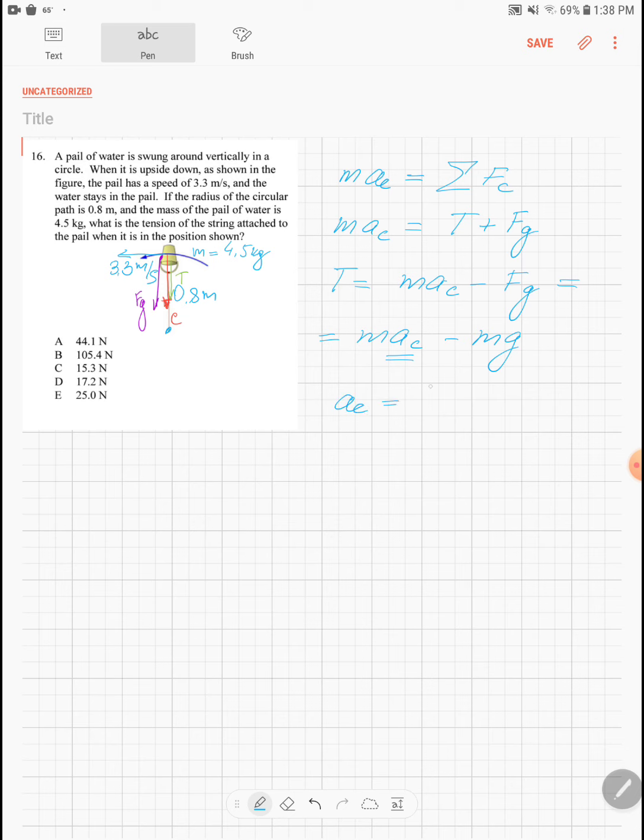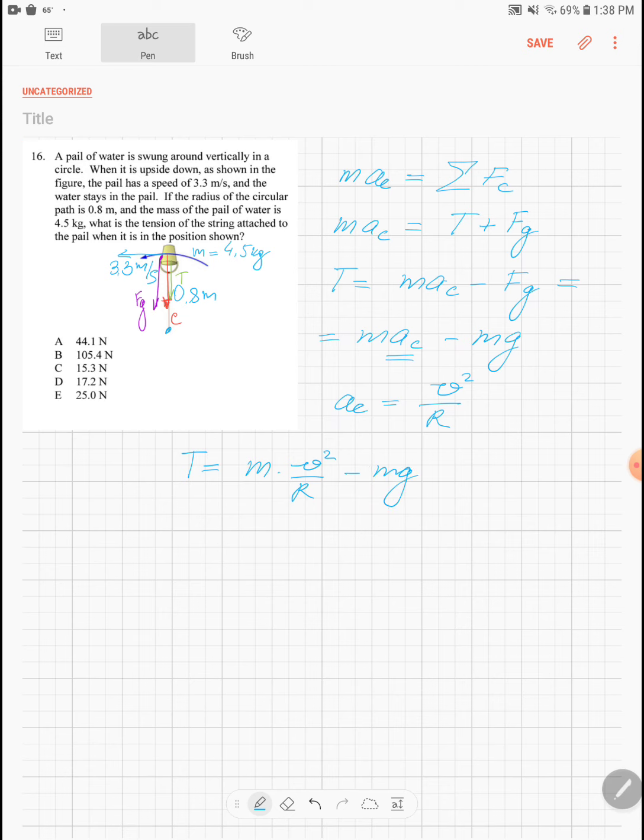We know the equation: it is the tangential velocity squared, v squared, divided by the radius of this circular motion. So finally we can write down the equation for the tension of the string. It will be m times v squared divided by the radius, minus mg.